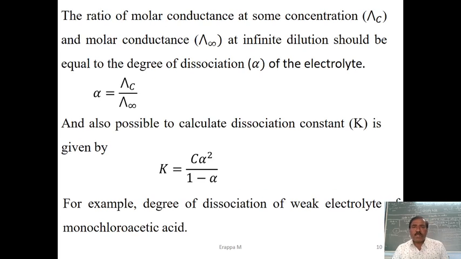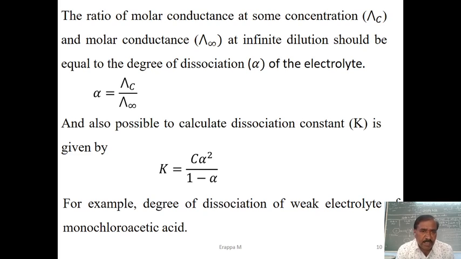The ratio of the molar conductance at a particular concentration, lambda C, to the molar conductance at infinite dilution, lambda infinity, is equal to the degree of dissociation, alpha, of the electrolyte. So alpha is equal to lambda C divided by lambda infinity. Lambda C is the equivalent conductance at a particular concentration and can be calculated using conductivity measurements.